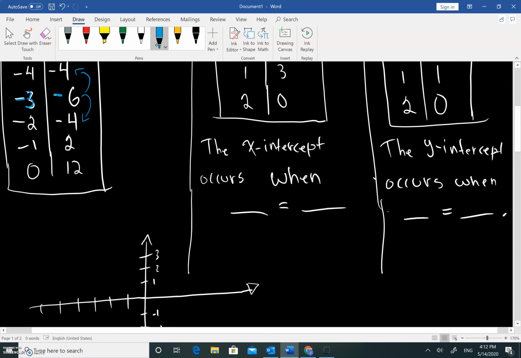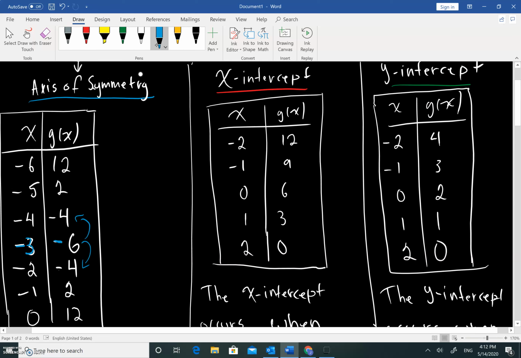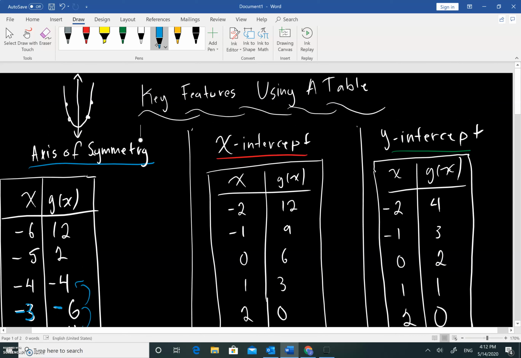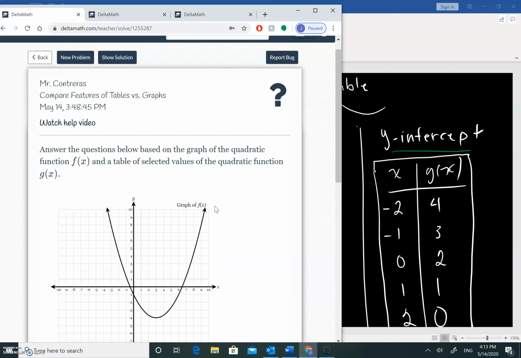So now, how is this going to help us for our work? Well, one way that you can see this is in Delta Math. So let's go over this question in Delta Math. This is exactly the same question that I showed you on my notes.